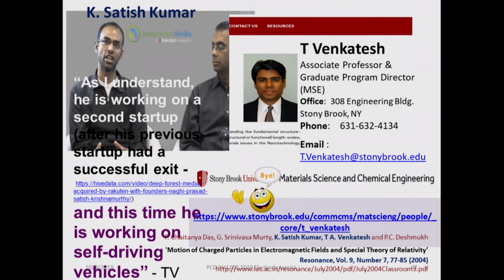Satish and Venkatesh are now men of positions of importance in the society. Venkatesh is an associate professor at Stony Brook, and Satish has an independent enterprise.